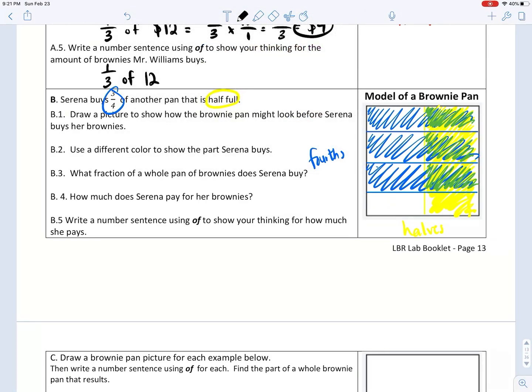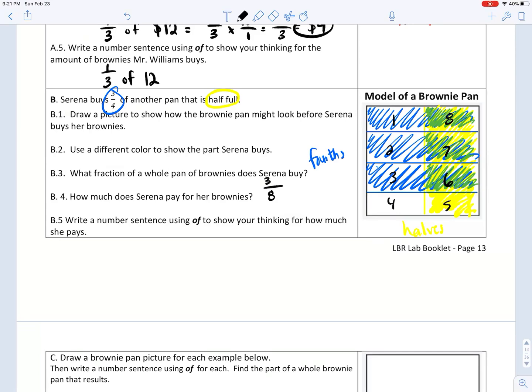So take a look and count how many total sections you now have on your brownie pan. There's 1, 2, 3, 4, 5, 6, 7, and 8. So it looks like our denominator is going to be 8, and then how many are green? 3 of them are green.